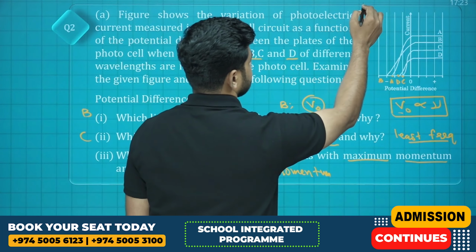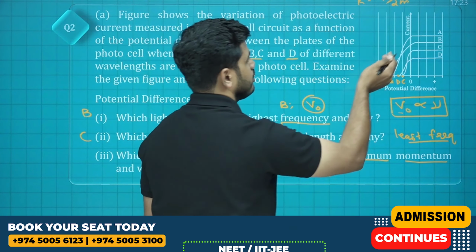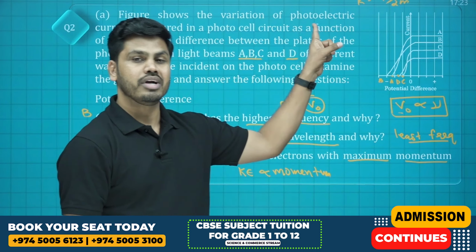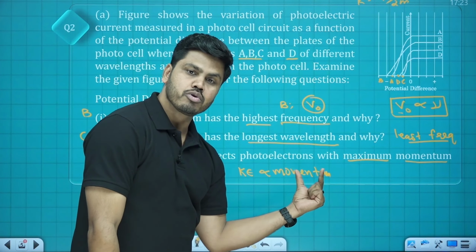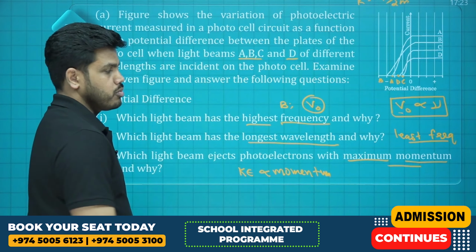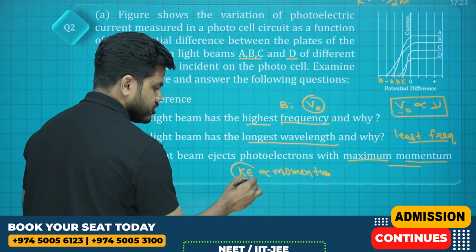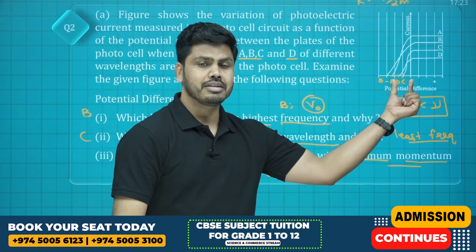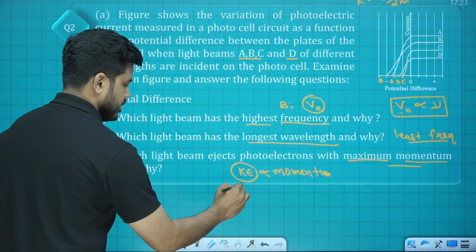We have the relation kinetic energy is equal to P square by 2m, or P is equal to root of 2m into kinetic energy. So from that we can say the beam with maximum momentum will have maximum kinetic energy, correct?